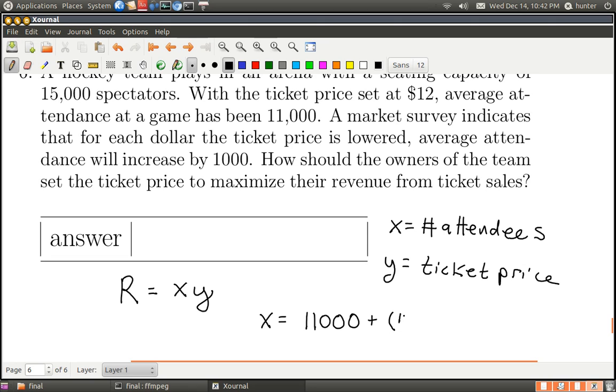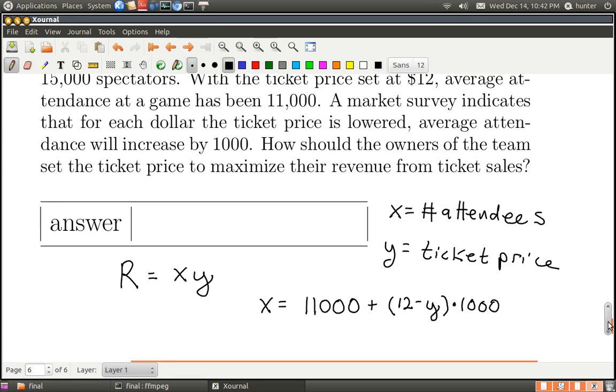So let's call that 12 minus y. So those will be the number of dollars that the ticket price has been presumably lowered. And for each unit in here, we're going to multiply it by 1,000. So that quantity times 1,000 is the number of cheapskates that come to watch the game at a lower price.